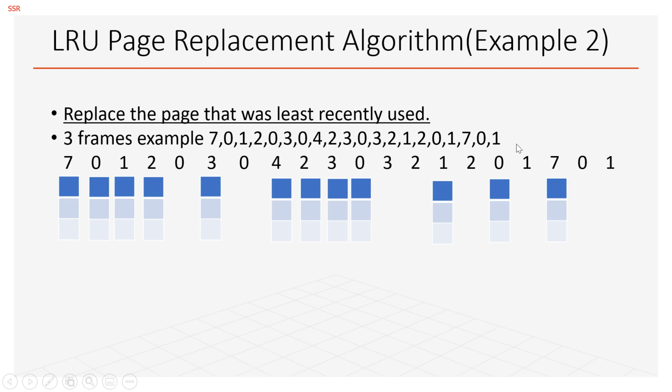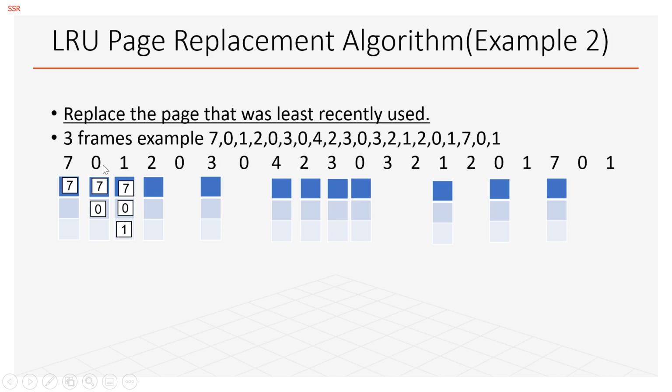So the reference string is given here and the number of frames is 3. So the first 3 pages are going to go in sequence. So it is 7 and then you take page 0 and then next is page number 1. When it is page number 2, now see which was the page recently used.